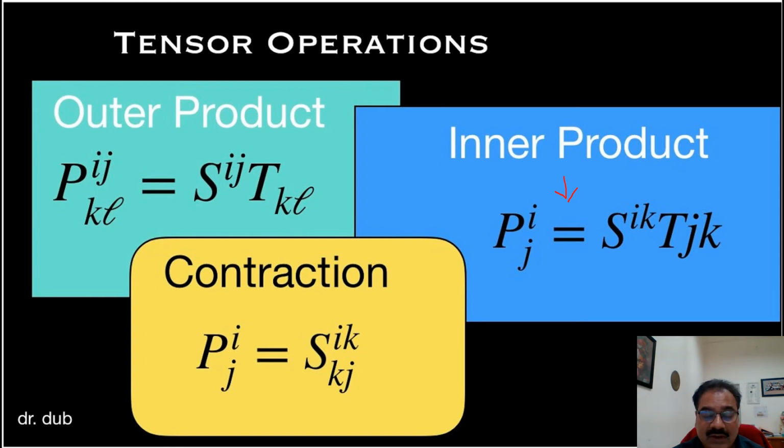Now contraction, what is contraction? Contraction is P^i_j equal to S^ik_kj. Notice the difference between inner product and contraction. Sometimes it is asked. In this PPT I have tried to explain in short the meaning of outer product, inner product, and contraction. All together you have to remember.